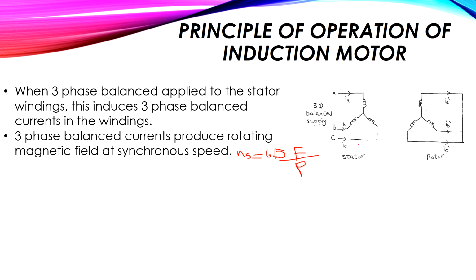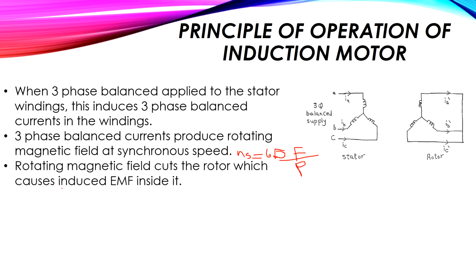So the rotating magnetic field here, due to the presence of a three-phase balanced supply shifted by 120 degrees, will cut the rotor. The rotating magnetic field cutting the rotor will cause an induced EMF inside it. So it produces a three-phase balanced induced EMF.